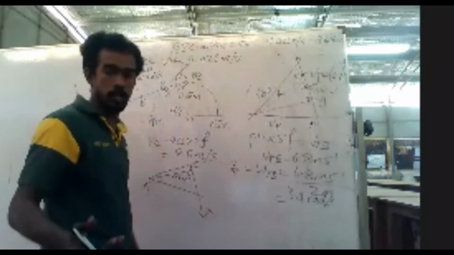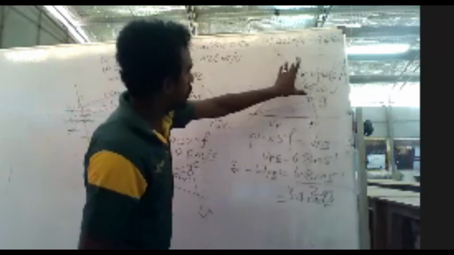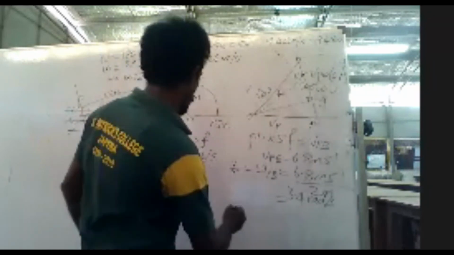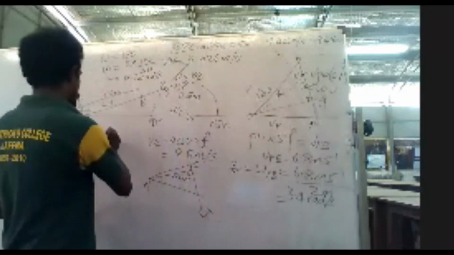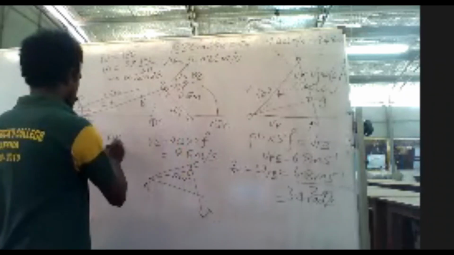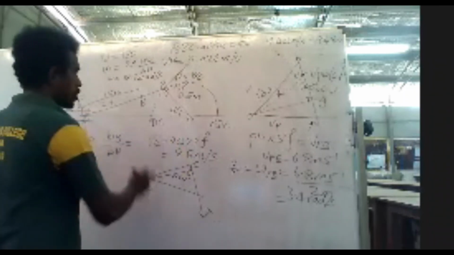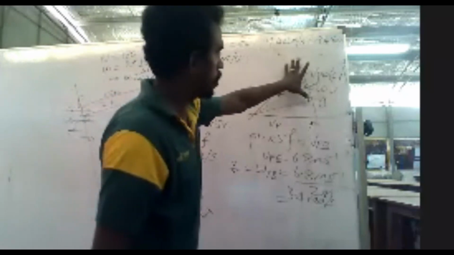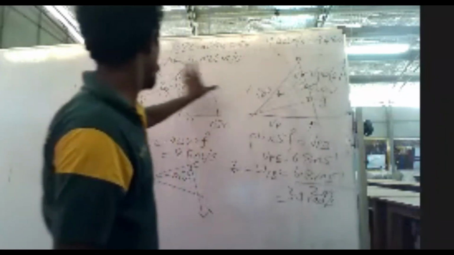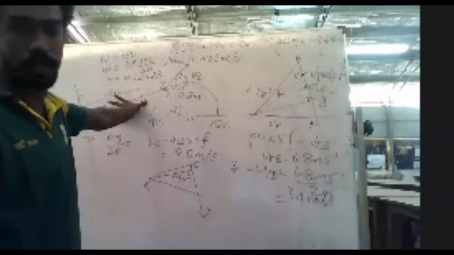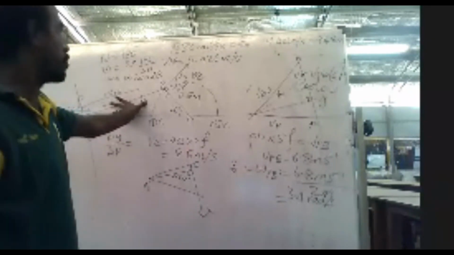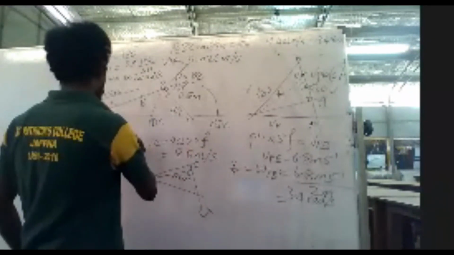So we'll go for the ratio. Bg upon Bp is equal to, here I am going to transfer it again, Bg upon Bp.